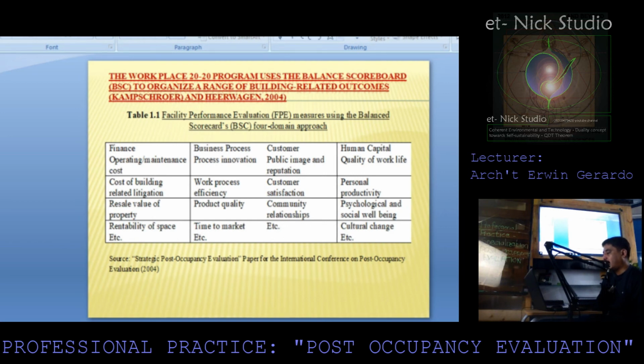And then under human capital, we have quality of work life, personal productivity, psychological and social well-being, and belief in cultural change. The source is Strategic Post Occupancy Evaluation, a paper for the International Conference on Post Occupancy Evaluation in 2004.